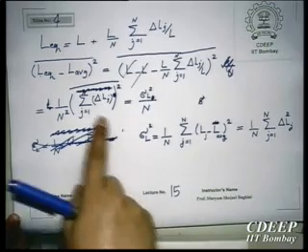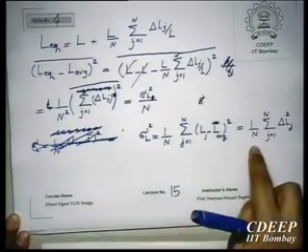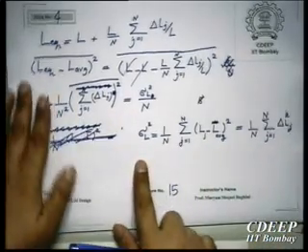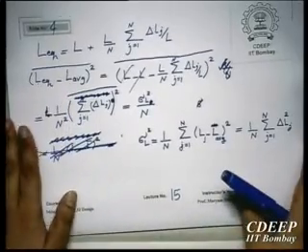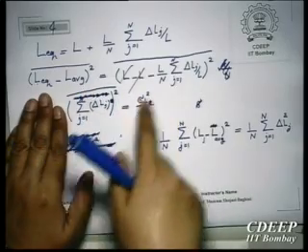Now here I have average of this, see this average alone. Average of this is 1 upon n square.